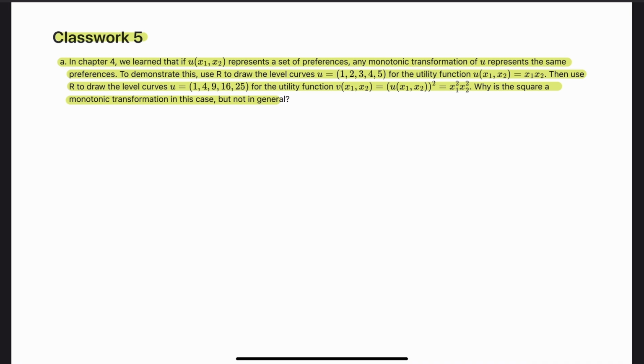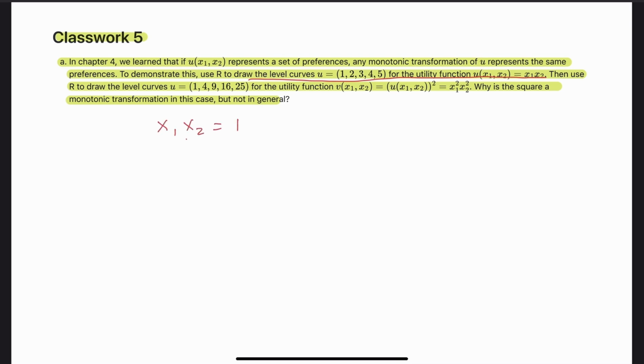So I'll pretend I'm in R and just write out the code here. To draw the level curves for this utility function, the first thing is the level curve where the utility is 1 is going to be x1 times x2 equals 1.